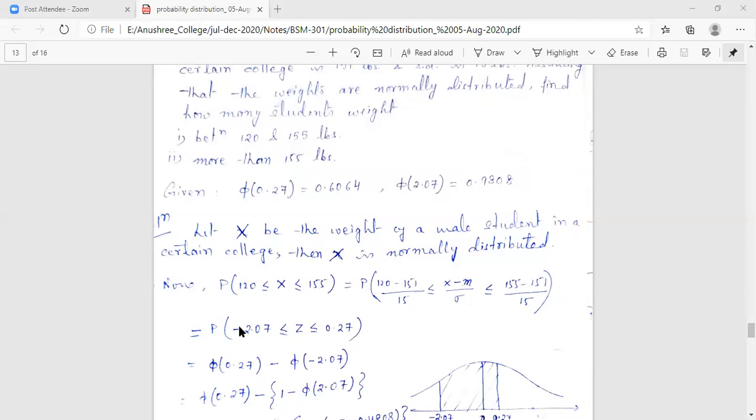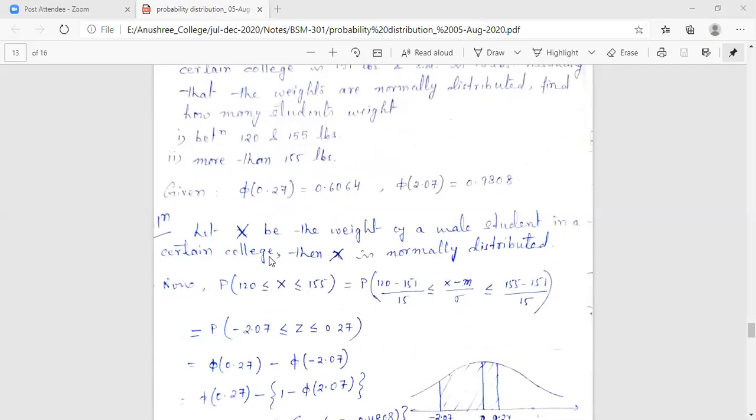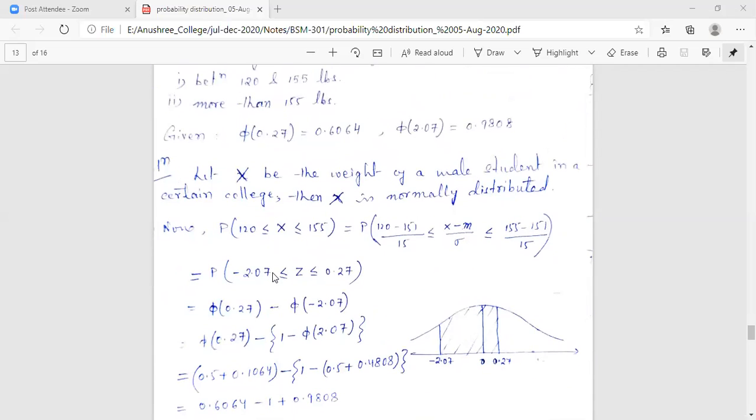Now see the form we have got, that is probability C less than or equal to Z less than or equal to D. In your problem, some values are given in the form of phi. So if we evaluate this probability in terms of phi, it will be phi of 0.27 minus phi of minus 2.07.